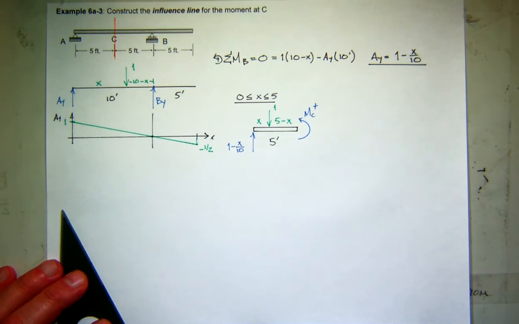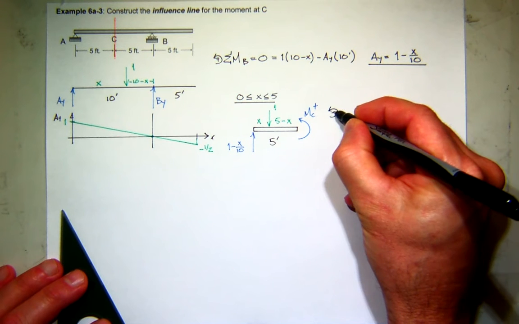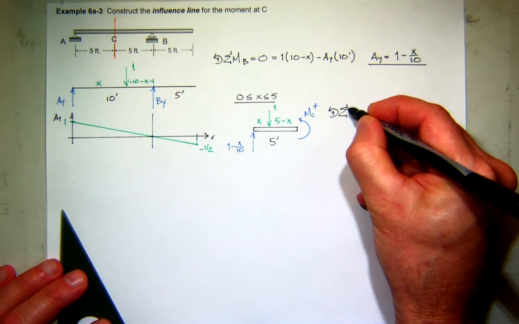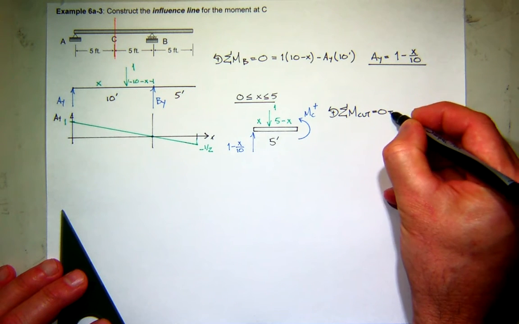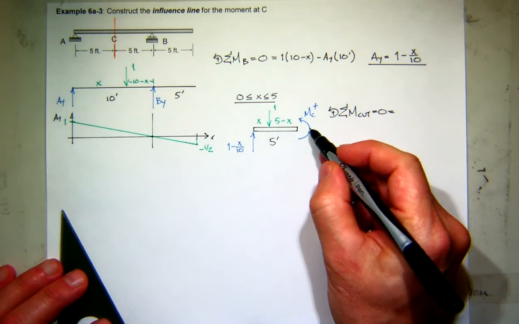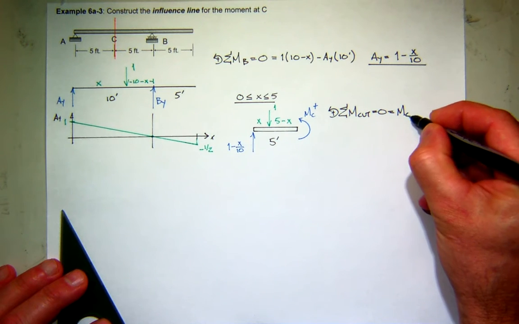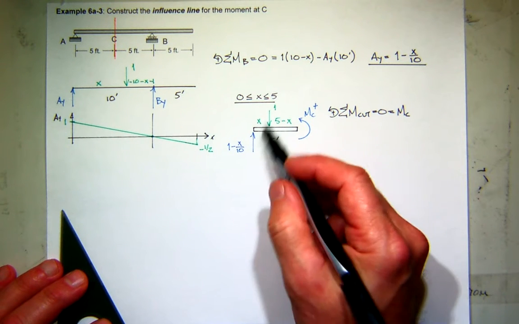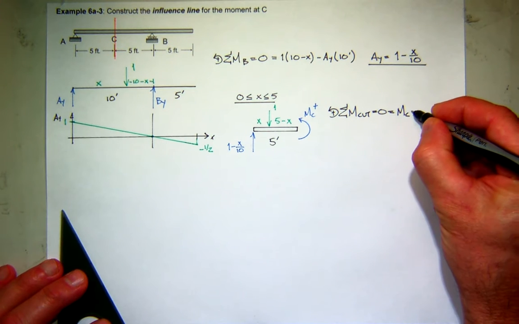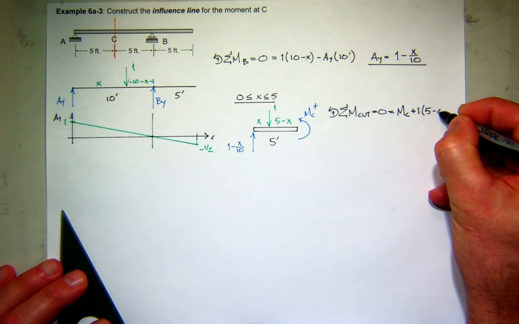So I think I have all the pieces I need, right? I'll assume right-hand rule for sign, and we will sum moments at the cut, which I made at 5 meters. What do I get? I get my internal moment C, that's positive. My unit load creates what kind of moment about the cut? Positive or negative? Positive, so that'll be 1 times a moment arm of X minus 5.